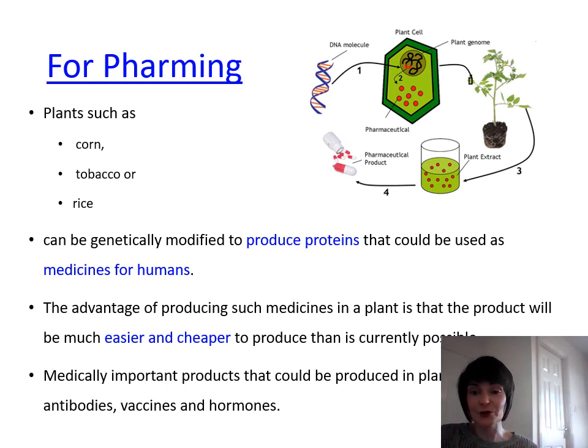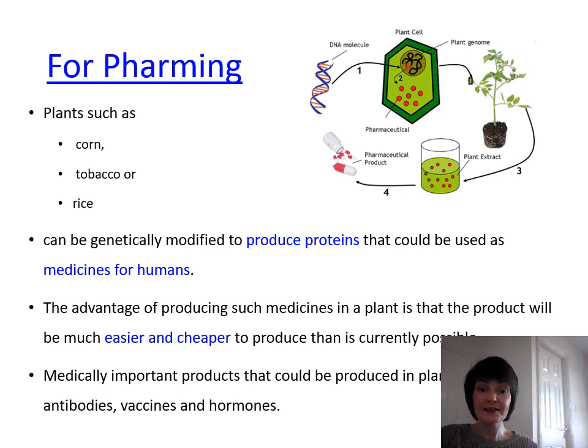again, we're going to be looking at advantages and disadvantages. Plants such as corn, tobacco and rice can be used in pharming, and they can be genetically modified through genetic engineering to produce proteins that could be used as medicines for humans.